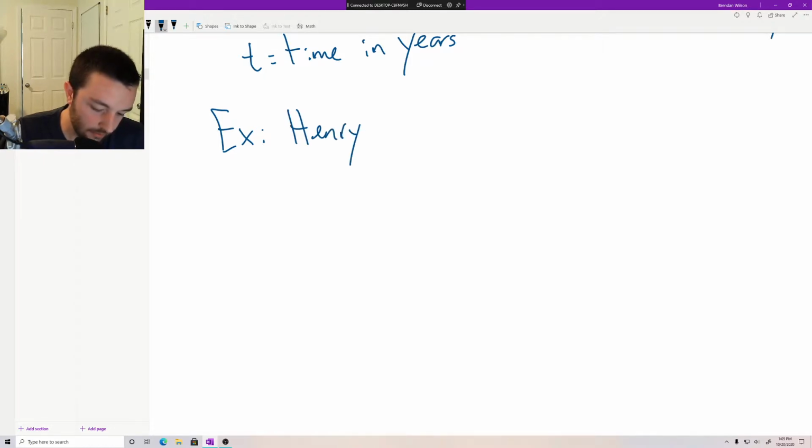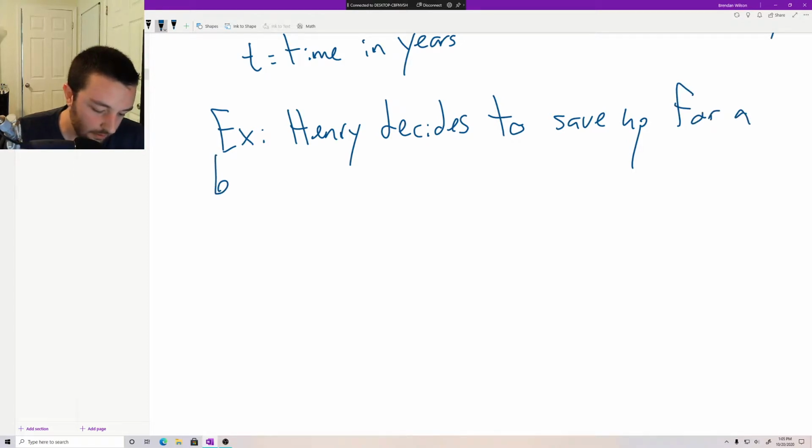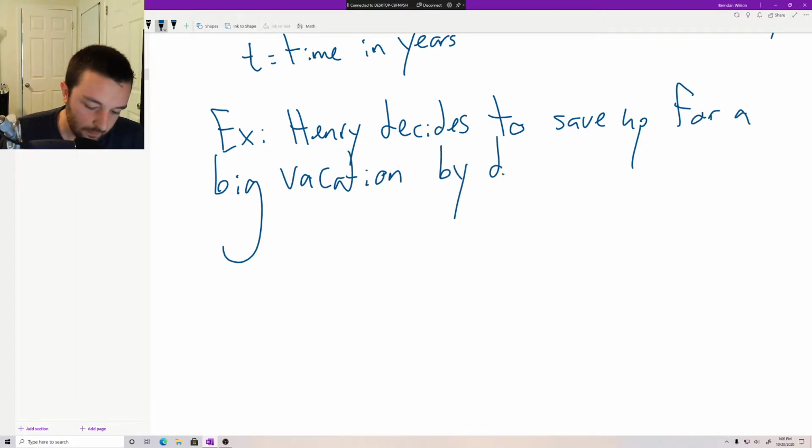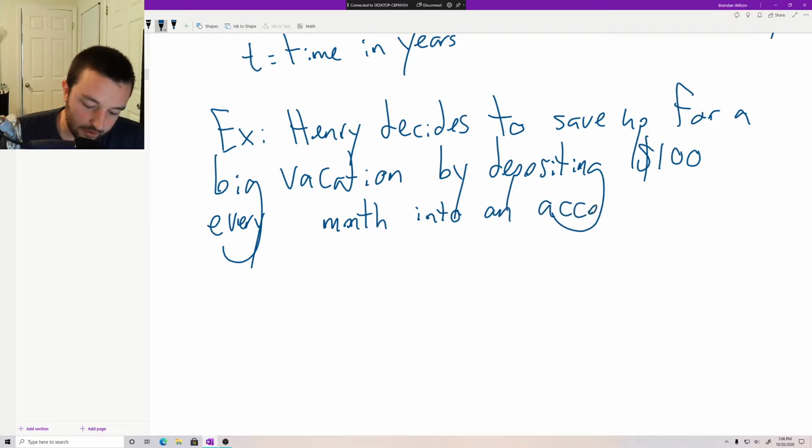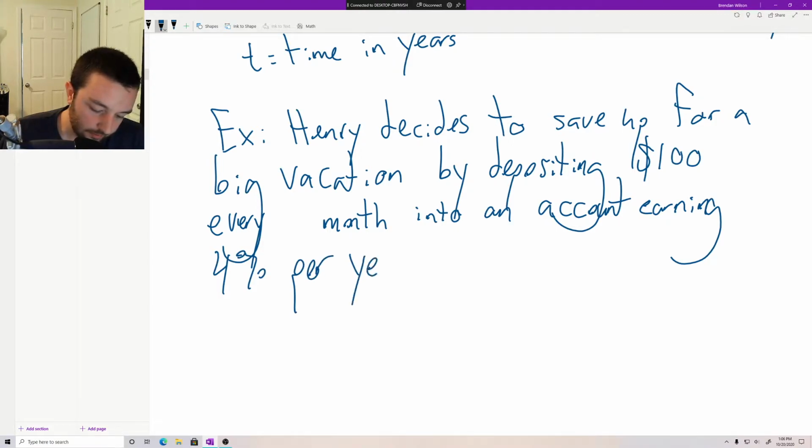Say Henry decides to save up for a big vacation by depositing $100 every 2 months, or sorry, every month, into an account earning 4% per year. Okay.